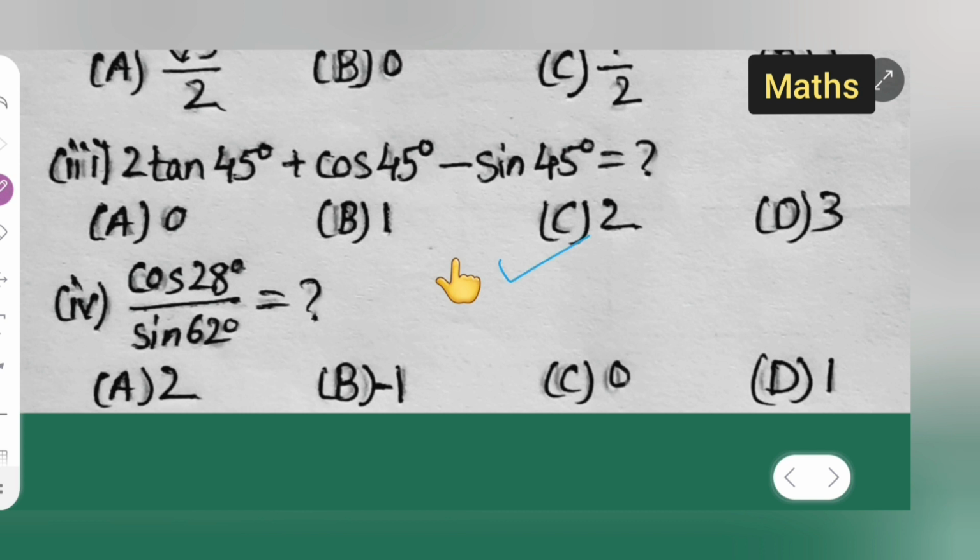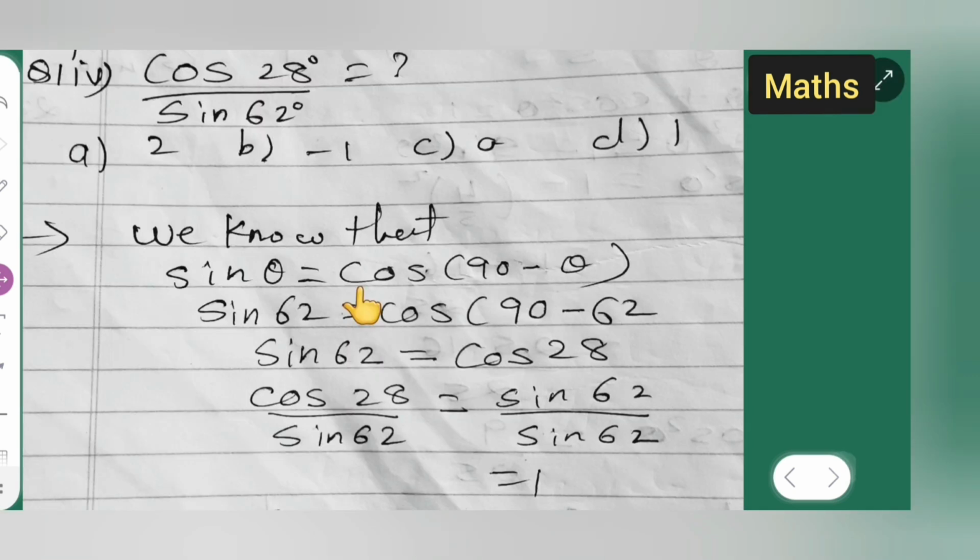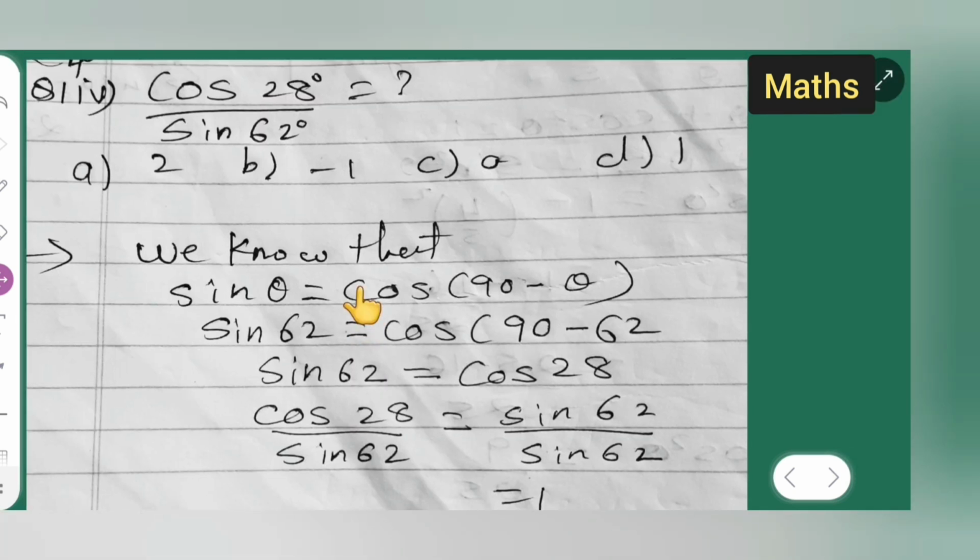Next we are going to solve for this one. Cos of 28 degree upon sine of 62 degree. For this we need to use a formula. And this type of problem I have already taught you all in the previous lectures. So let me start solving that. Cos of 28 degree upon sine of 62 degree is equal to, okay, let us find out. We know that sine theta is equal to cos of 90 minus theta.